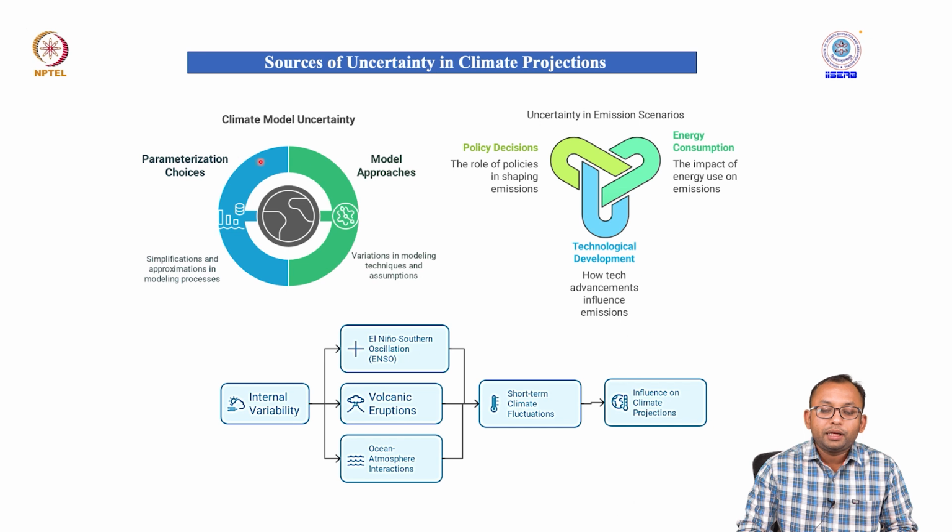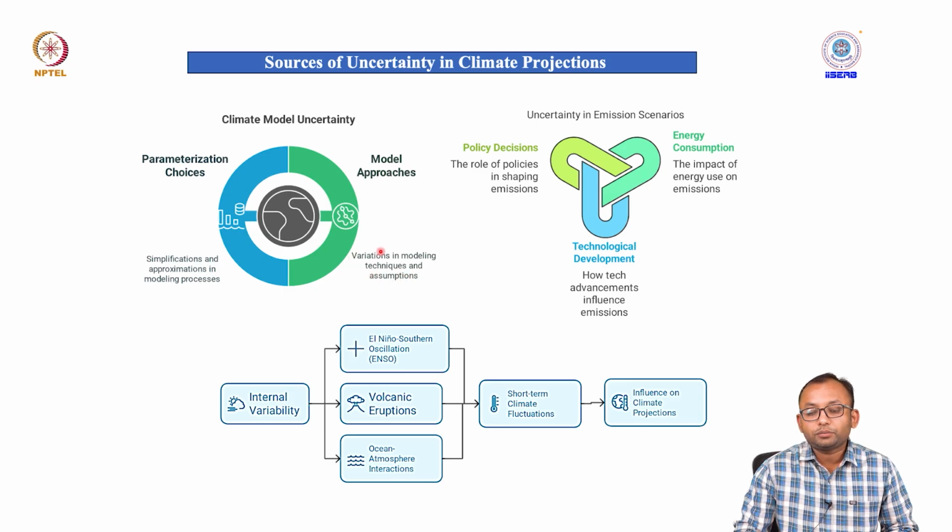So, for example, if we simplify the approximation of the modeling processes, it might be possible that whatever parameter we are choosing is not correctly representing the real scenario, or maybe it oversimplifies the processes of the natural world. That can create some sort of uncertainty, or let us say variation in the modeling technique and assumptions.